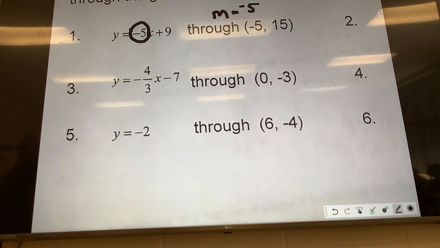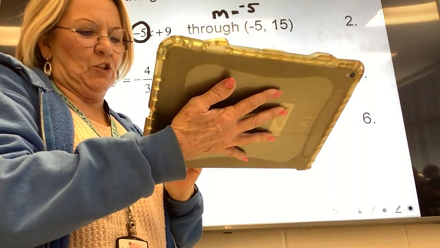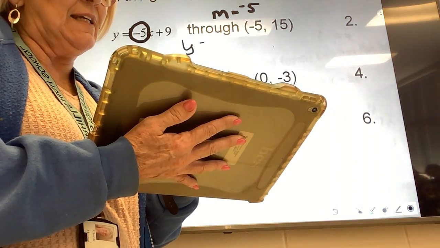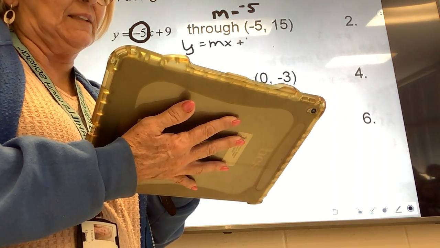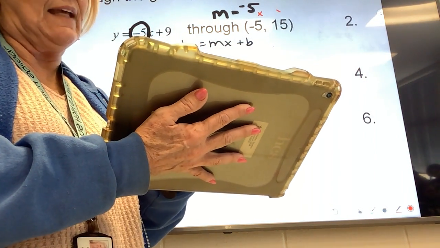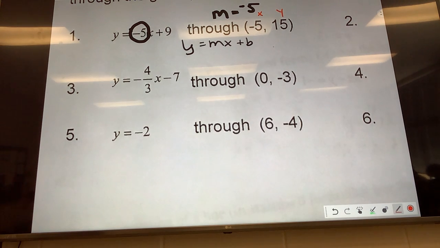Now, you guys learned how to find the equation of a line when given a slope and a point, and I will remind you how that was done. You should remember that we had y equals mx plus b. We knew that this was x and this was y. We're just going to plug everything in. So instead of y, I have 15.